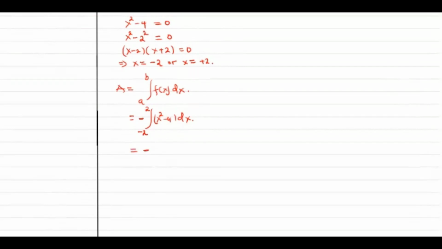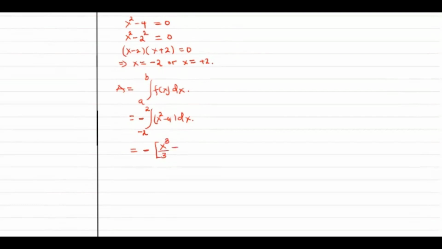I want to introduce square brackets, and remember, when integrating we are going to be increasing the power by 1, and then we divide the entry by the new power. So we're going to take x, increase the power from 2 to 3, then divide by the new power 3, minus 4.